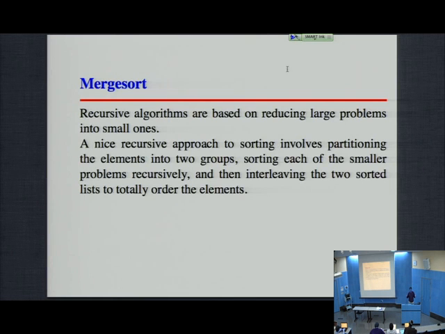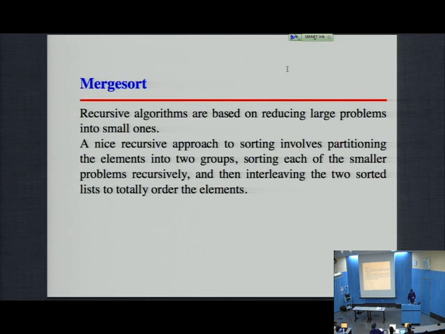What are divide and conquer algorithms? They're based on the idea that you take your problem, you divide it into two pieces, you solve each piece, and you have a way of combining the answers in a way that takes less time than it does to solve the pieces individually.